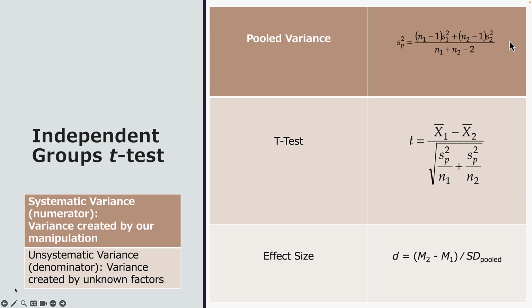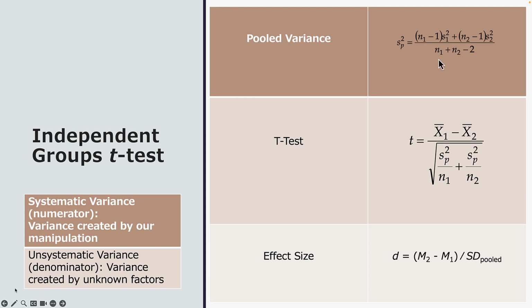And the formula to calculate pooled variance is by taking the sample size for the first group, minus 1 degree of freedom, multiplied by the first group's variance, plus the sample size for the second group, minus 1 degree of freedom, times its variance. And so you're combining the variance equations in the numerator.